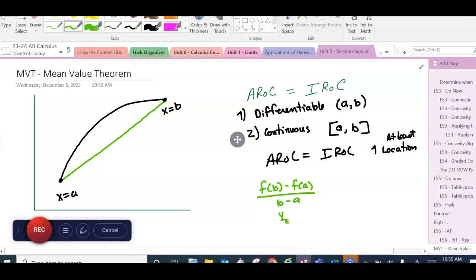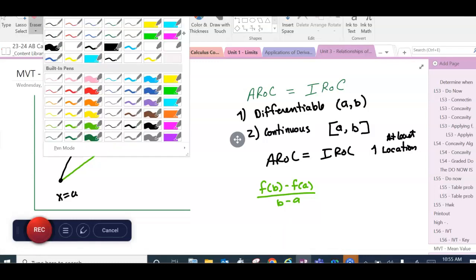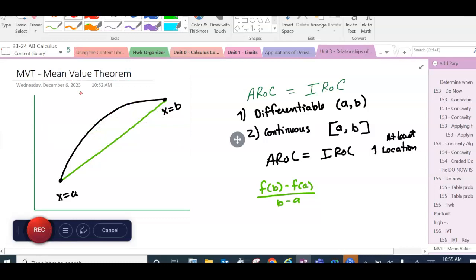That's really just our y2 minus y1 over x2 minus x1, but in the form of our function. So that's preferable. Well, that must equal our instantaneous rate of change, which is our f prime at some value c. So just to look at it, it looks like that's true, maybe right there.